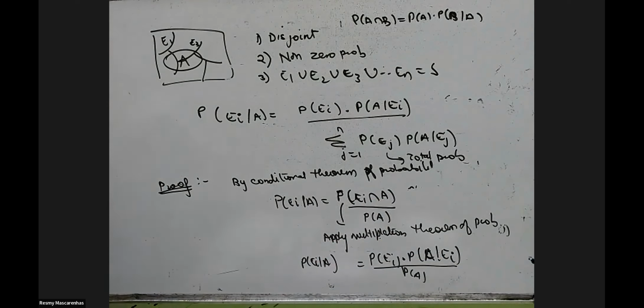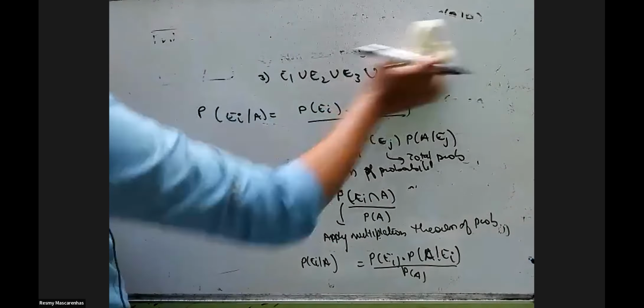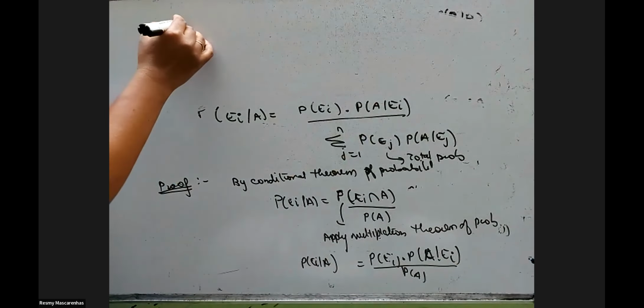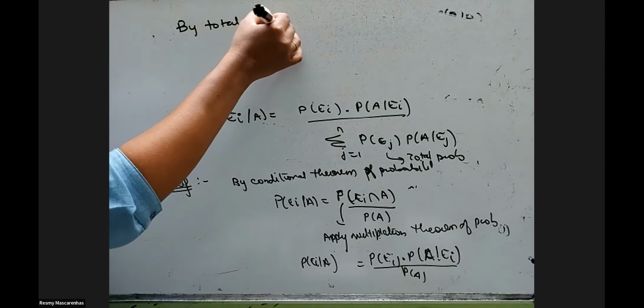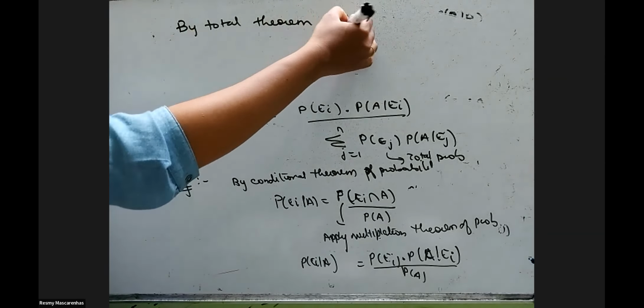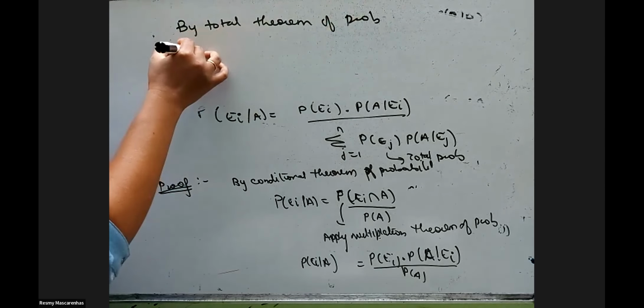What is my total theorem of probability? P of A is what?